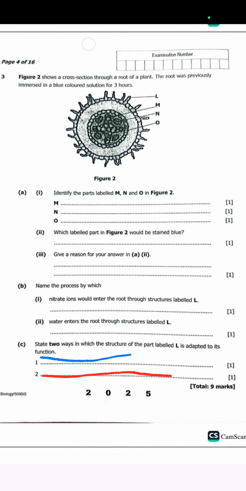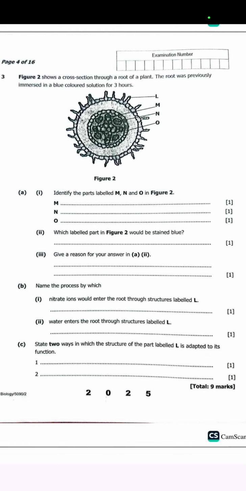Okay, so to just conclude, under A we are saying M is xylem, N is phloem, O is endodermis. Then A2, so M will be stained blue because that is a xylem.